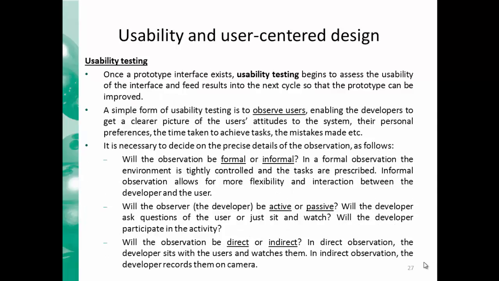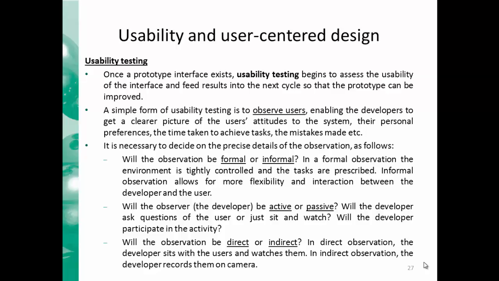Now, how are we going to test the usability of our interface? One way is to get feedback from the prototype user and improve that prototype, then allow the user to give you more feedback about the new version, and so on. You continue with improving cycles until you get high satisfaction from the user.